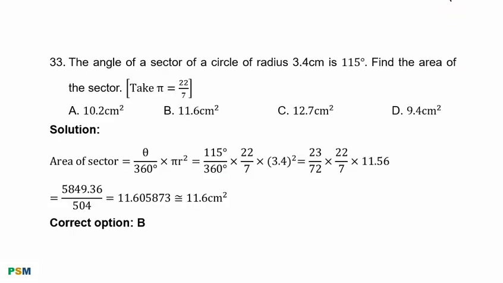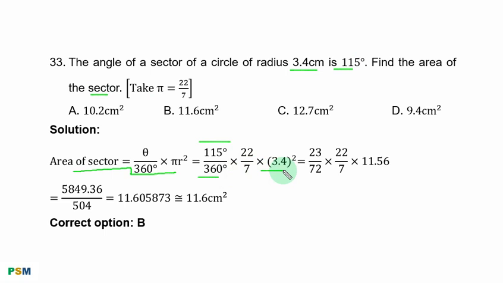Question 33. The angle of a sector of a circle of radius 3.4 cm is 115 degrees. Find the area of the sector. Solution. Area of sector is given by this formula. The angle is 115 degrees over 360 degrees times pi, 22/7, times radius squared, 3.4 squared.